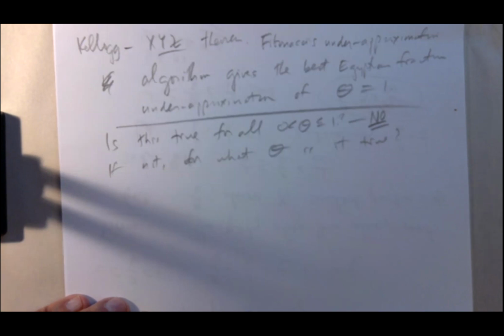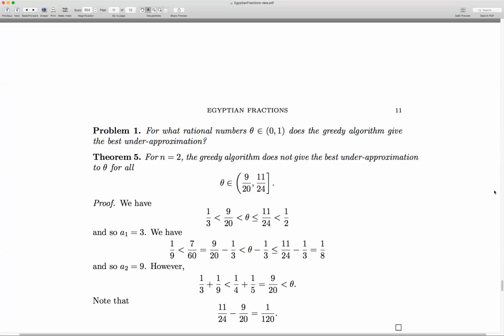Let me just come back to this because I wrote it out. Here. Suppose I take a number theta strictly greater than 9/20 and less than 11/24. So this is an interval of length 1/120, if you're curious.